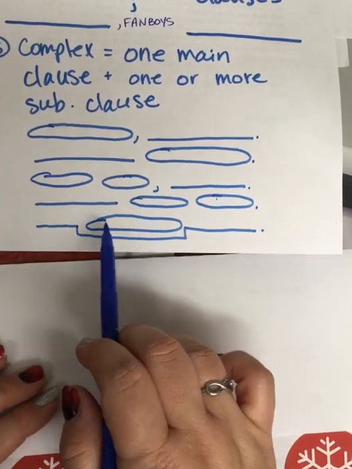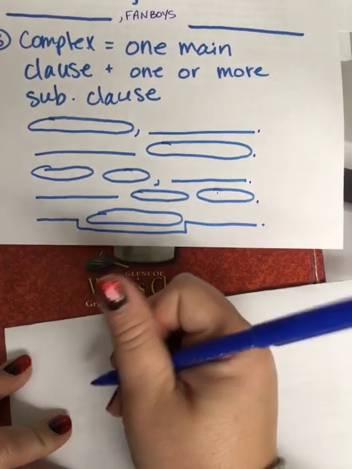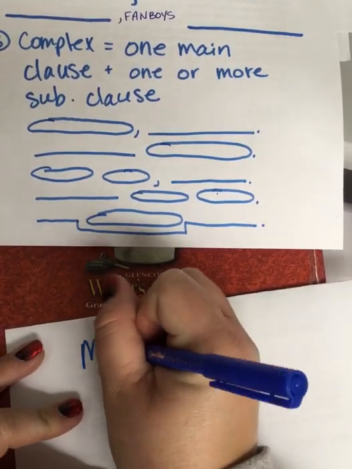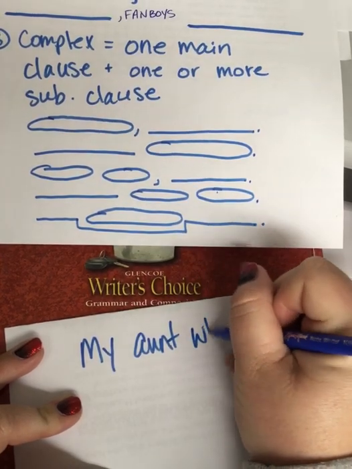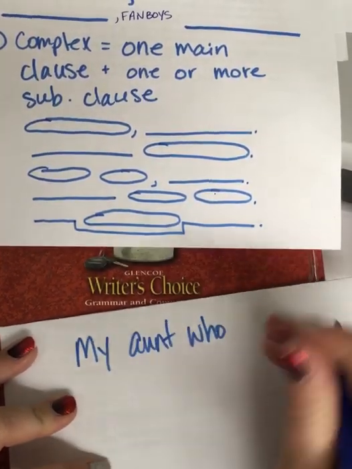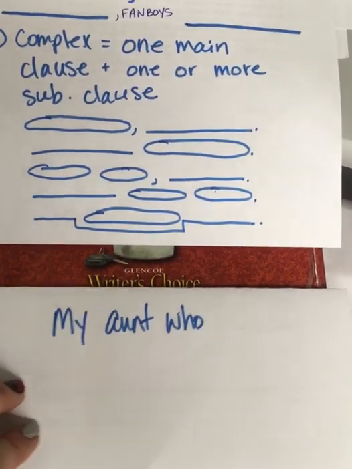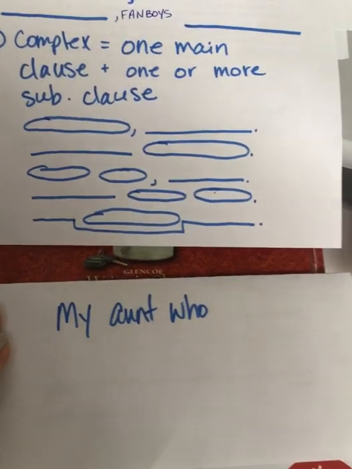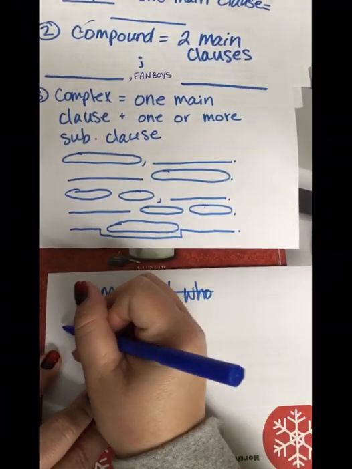In this case, the subordinator is splitting the main clause. So this is what that would look like. Oh shoot, I need to write smaller so I can fit it all in one line. Okay, I'm starting over here.